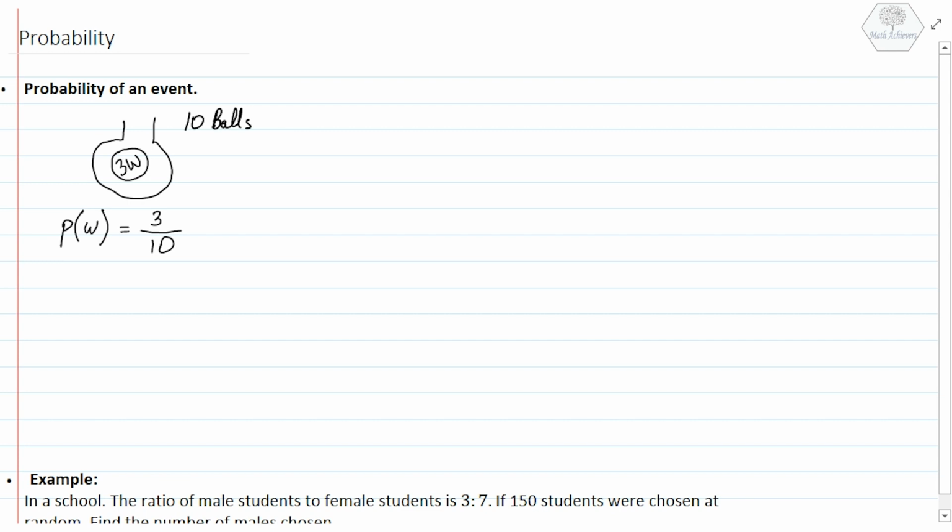So we can, by this, conclude our first rule for probability, that the probability of event A to happen is equal to the number of elements in set A over the number of elements in the universal set. This is how I can find the probability of any given event.